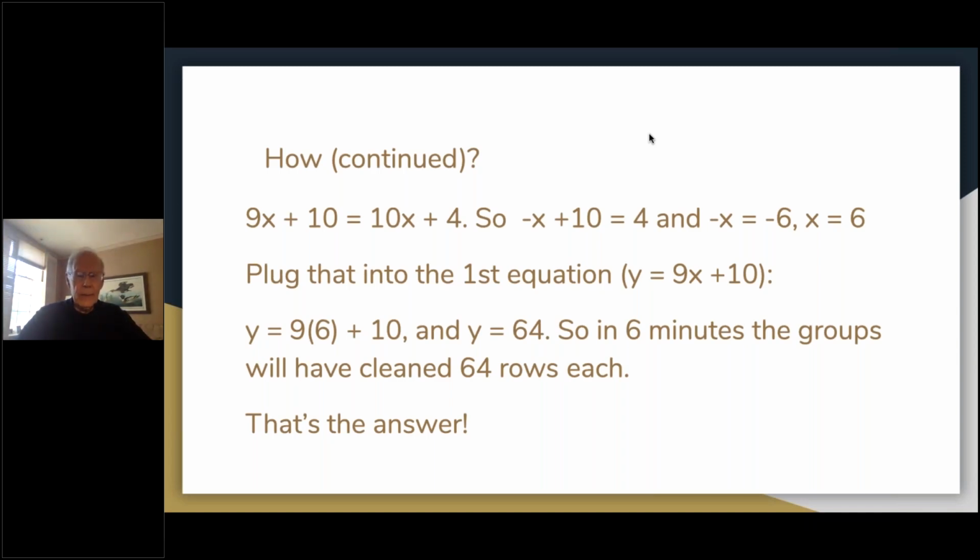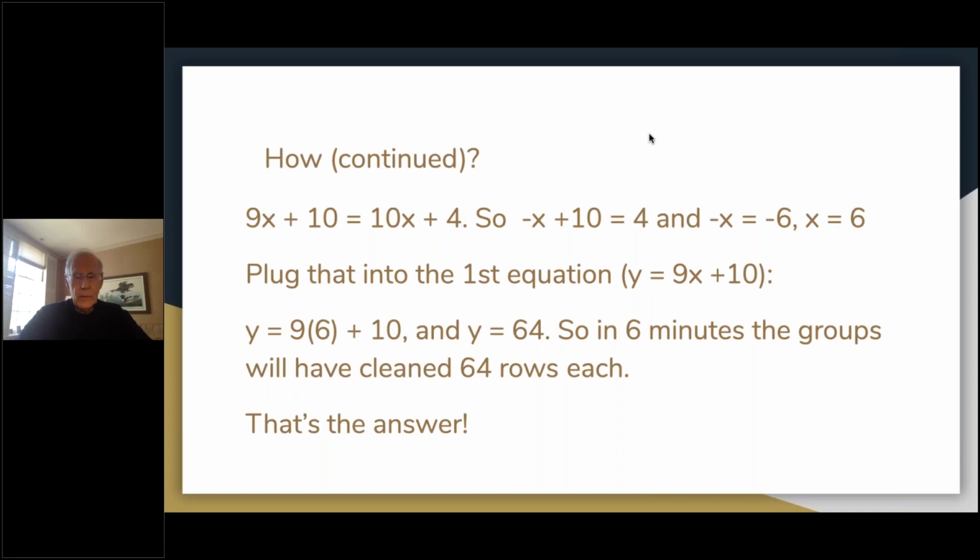Anyway, the answer turns out to be minus x equals minus 6, and if you plug it back into that equation, it'll work. So since minus x equals minus 6, then x equals 6.